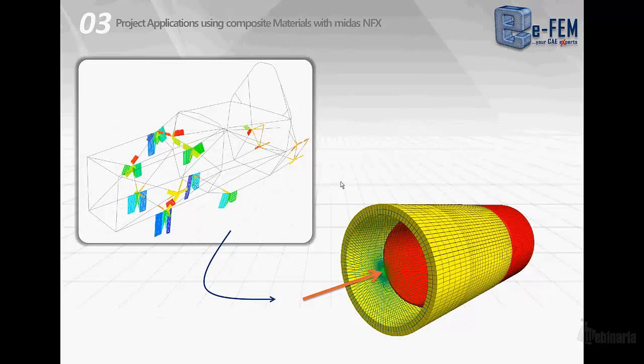How do we transfer the load? From the global model we defined the most loaded joints, and we applied to the local model the loading conditions representative of this worst node.